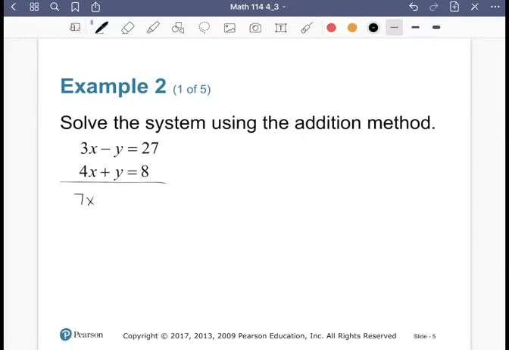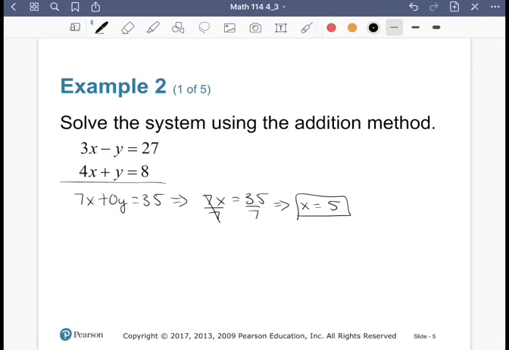So 3 plus 4 is 7x. Negative y plus y is 0y. And 27 plus 8 is 35. This leaves me with 7x equals 35, so I just need to divide this time. So x equals 35 divided by 7, which is 5.